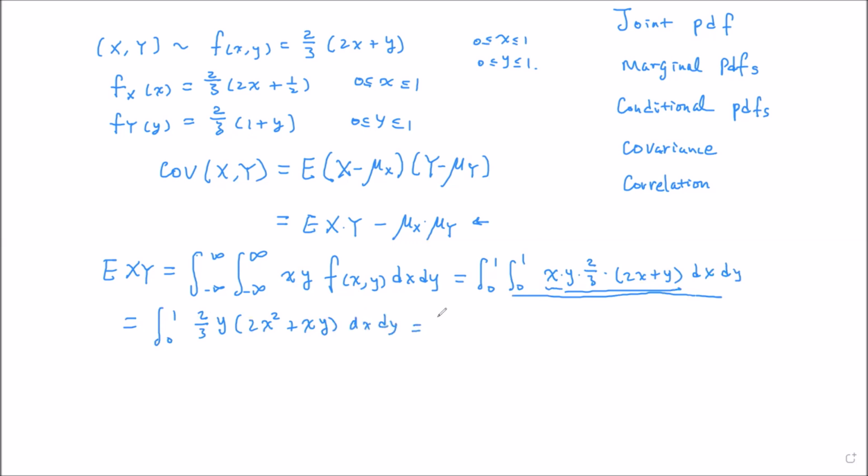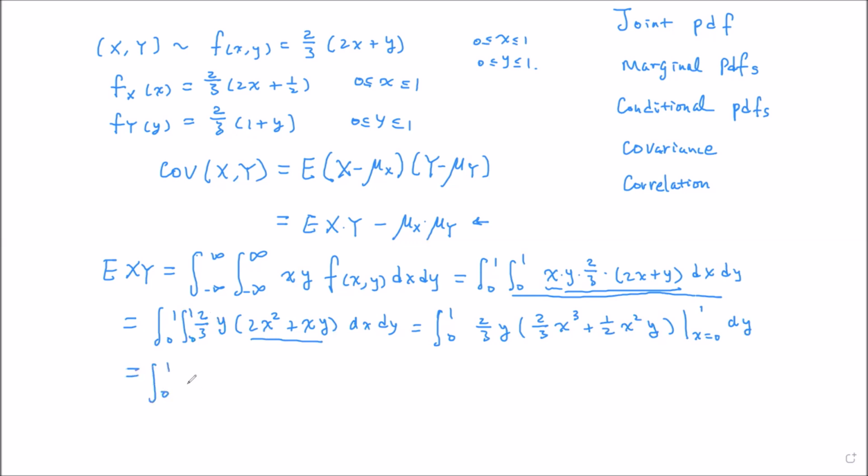Oh, hold on a second, I still have that integral here. And then inside, 2/3 of y, the antiderivative of this function with respect to x: you have 2/3 of x to the third plus 1/2 x squared times y, and x runs from 0 to 1, outside dy.